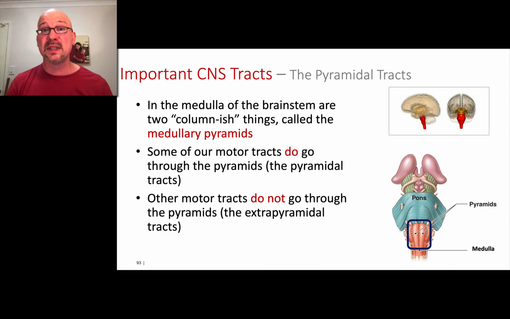So you can take a look at what someone's doing physically, how they're moving, and say, oh, those are the pyramidal pathways that they're using. If I do this, that's a pyramidal pathway because it's a large voluntary muscle that's relatively specific. If you take a look at my posture, which I just realized is kind of bad, I should sit up straight while I'm doing this, that's extrapyramidal.